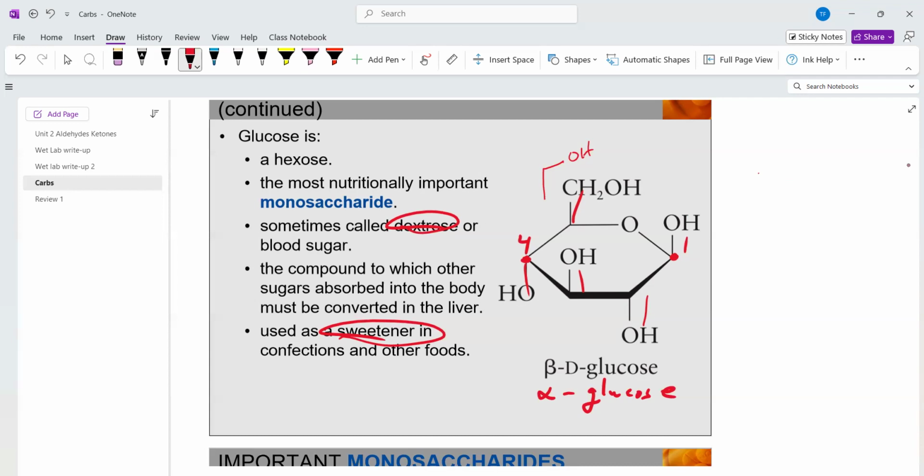For example, fat metabolism. When you burn fat, it has to first be converted to glucose before it can be burned. As drawn, this is the beta one, and then of course, coming down, we have the alpha version. It's one or the other.